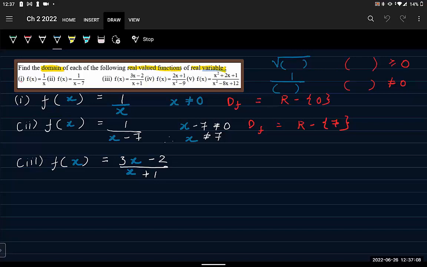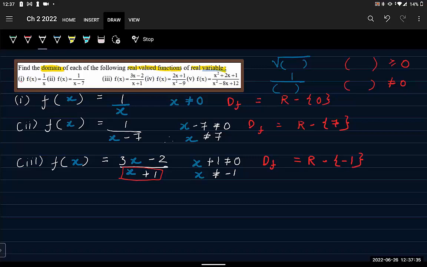We have just the restrictions over denominator. So we'll say the denominator must not be equals to 0. So x plus 1 cannot be equals to 0. Obviously, this means x cannot take the value equals to minus 1. So domain of this function now would become all real numbers except minus 1.